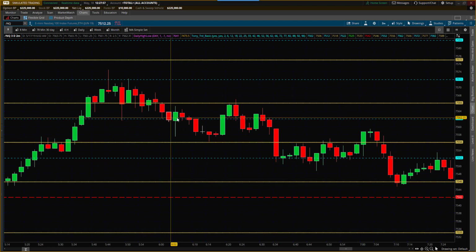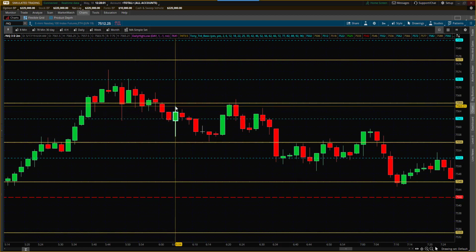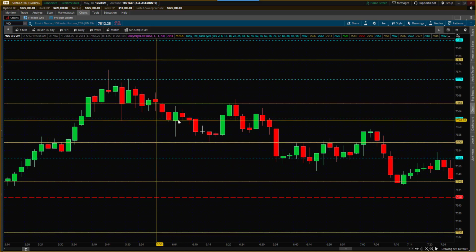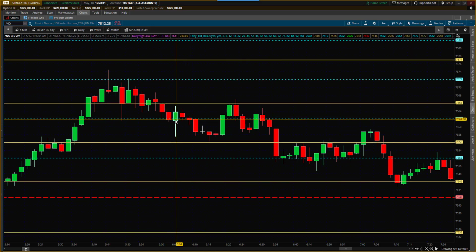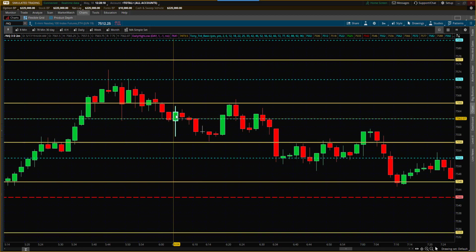You don't have to eat this 4 points of loss. You can see that this offered us back out with 1 or 2 points of loss, right? It did offer us an opportunity to get out of this trade without eating all 4 points. But you want to get out at the next candle. That is the rule.